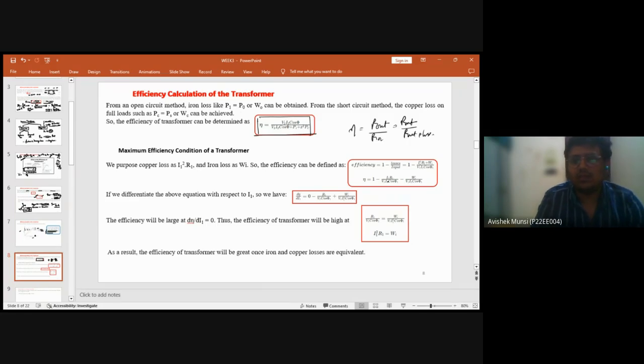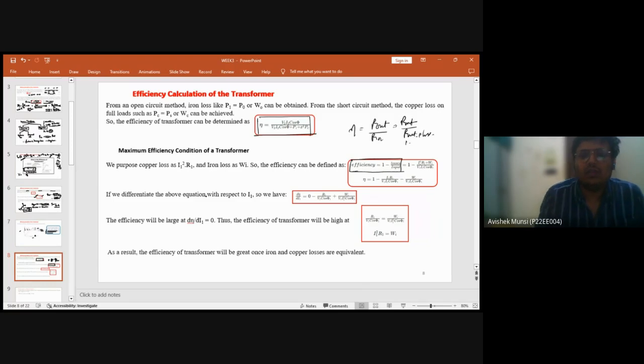So for calculating the maximum efficiency, it will be 1 minus losses by input. If we have to calculate it this way, this is a fraction, so we can break it like this. So efficiency equals 1 minus losses by input.